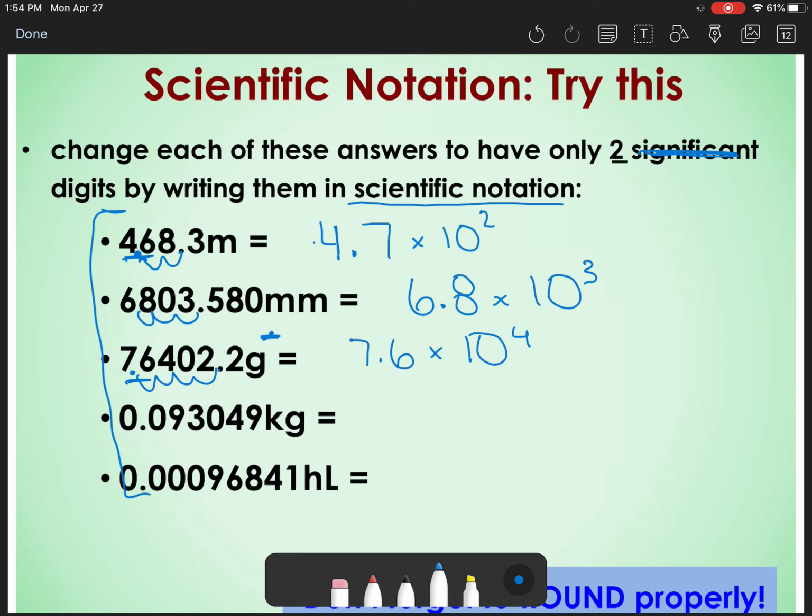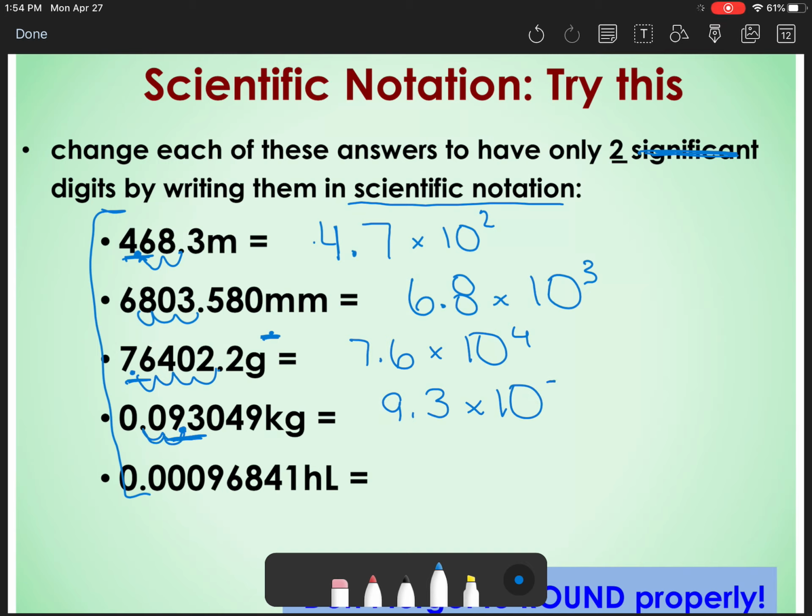Okay. The next 2 here are a little bit different. So my first 2 digits that are non-zero is the 9 and the 3. So my decimal has to get moved behind the first digit that is not a 0, which means the 9. So this becomes 9.3 times 10 to the power of, how many times did I move the decimal? 1, 2.